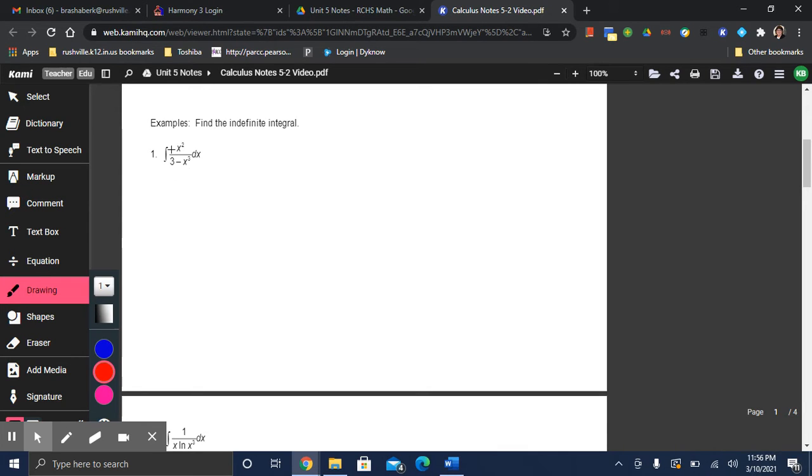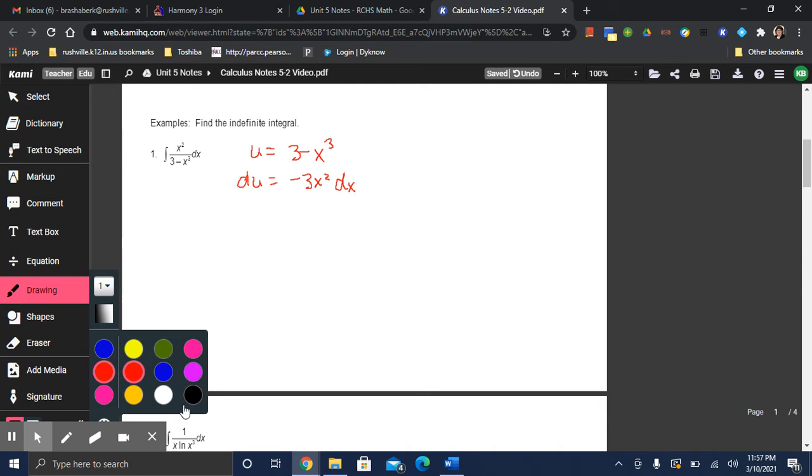So in this case, we have division that we cannot remove, so we're going to need to use a u. So u will equal the denominator, 3 minus x to the third, and then our derivative, which would be negative 3x squared dx.